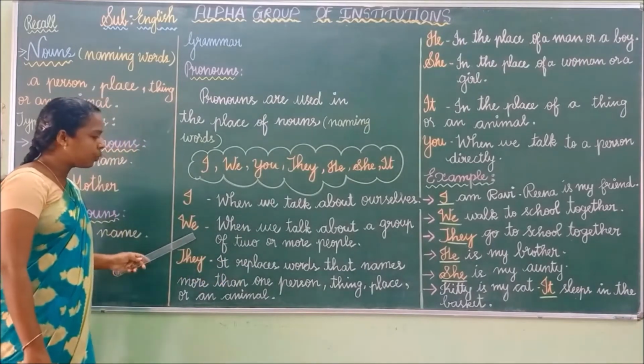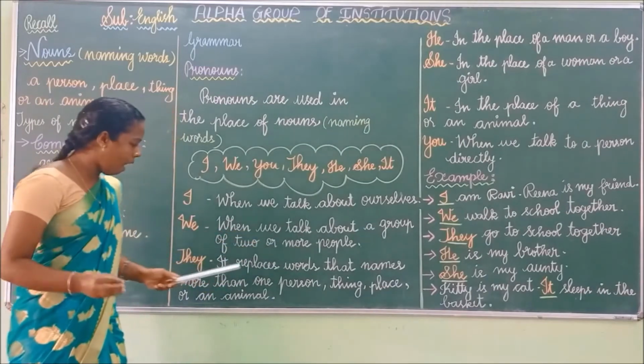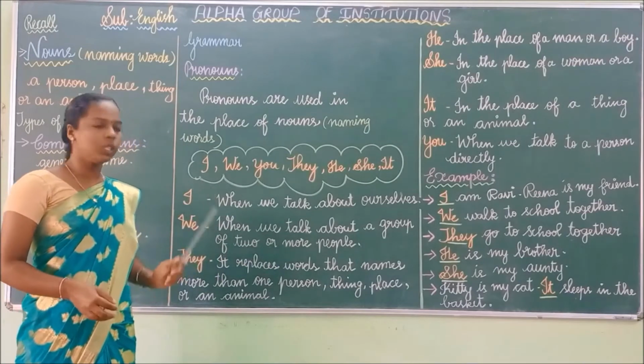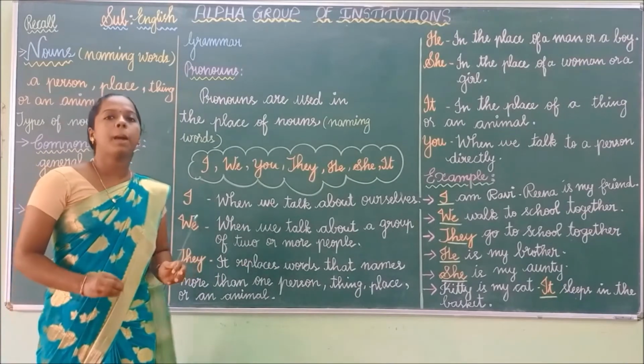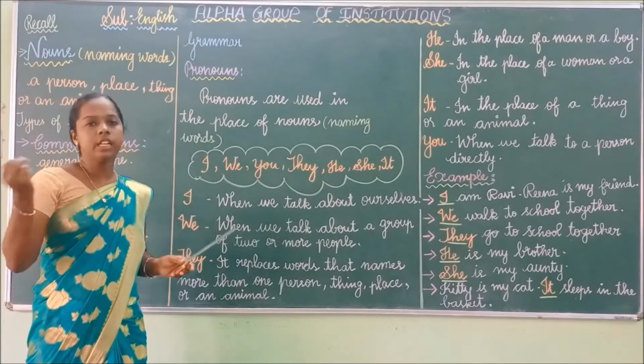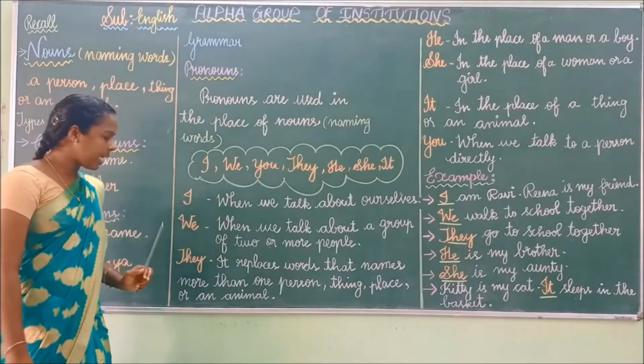We have to use we when we talk about a group of two or more people. So we have to use we when we talk about a group of people. It will be more than two. They, we have to use they.